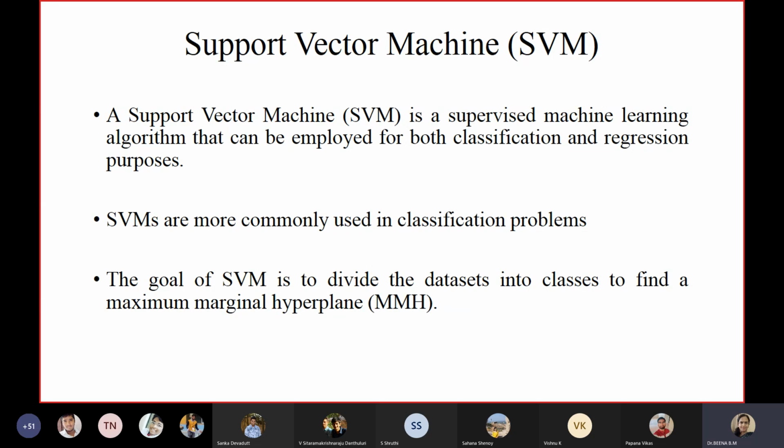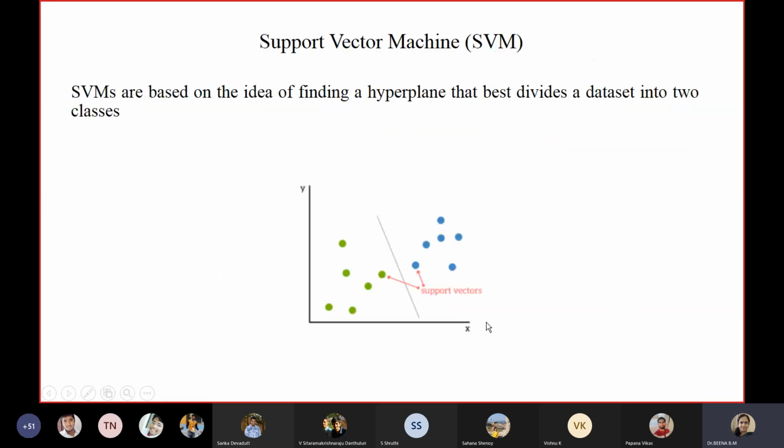What is this maximum marginal? What is this hyperplane? A hyperplane is a line which divides the data set into different classes. Okay, we'll see that further. So this is the main goal: the main goal of SVM is to divide the data sets into classes to find a maximum marginal hyperplane.